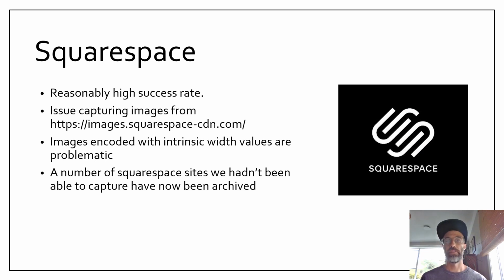Similar to Wix, Squarespace has also been a tricky platform to capture for some time now. We had a higher success rate crawling Squarespace than we did with Wix during testing, which is very promising. But we also ran into some issues effectively capturing images from certain sites.